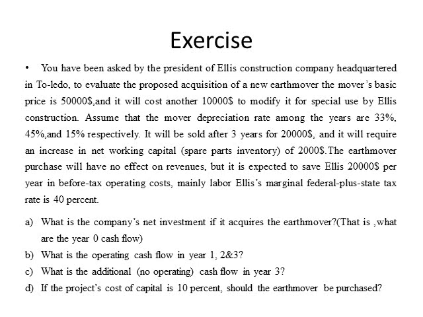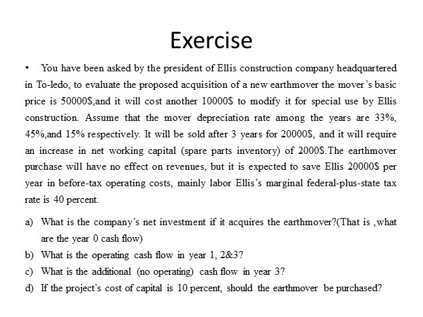The mover's basic price is $50,000 and it will cost another $10,000 to modify it for special use by Els Construction, which means that there is a proposal to acquire a new machine which will cost $50,000 and will need an extra $10,000 in order for the company to use it, which means that it will cost you 50 plus 10, $60,000.